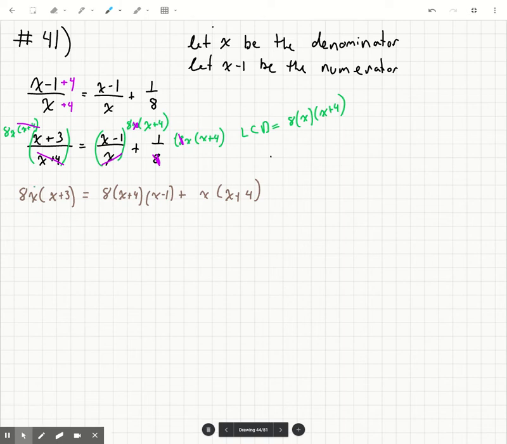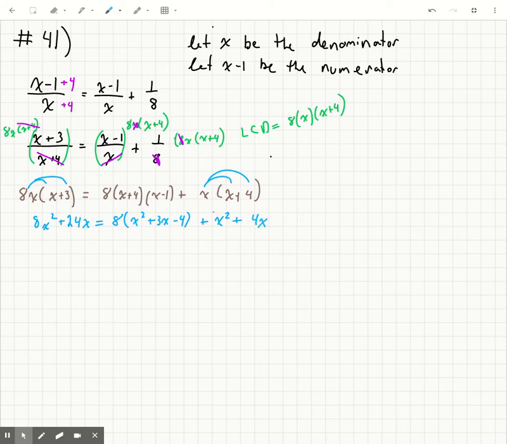So now we're just going to go ahead and expand. So we use the distributive property here. That would give us 8x squared plus 24x is equal to, and I'm going to expand this part here first. I'll do this in two parts. We get x squared minus x plus 4x, so that's plus 3x minus 4, plus, and I can do this one here, x squared plus 4x.